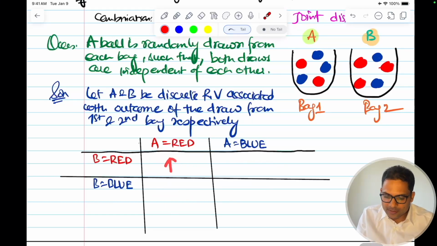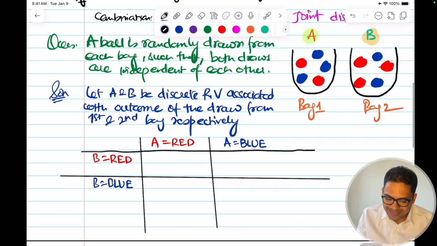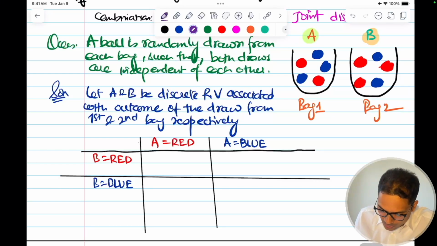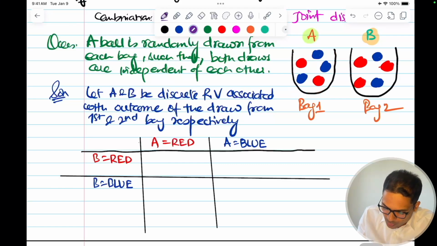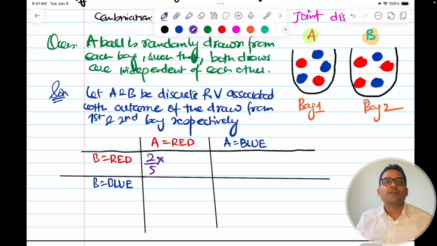So what is the probability here? Let me write it down using this color. What will be the probability of drawing a red ball in the first row? This is coming from the first bag, so that will be 2 out of 5. So this will be 2 by 5 into, since both are independent, the joint probability will be the multiplication of both.